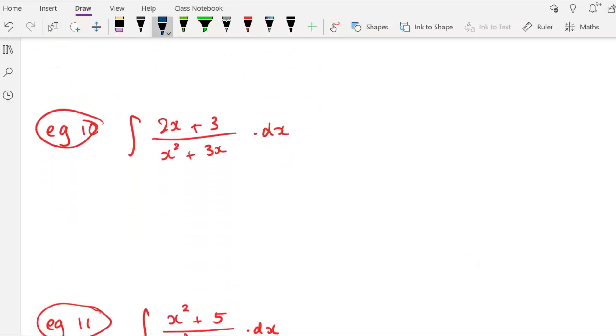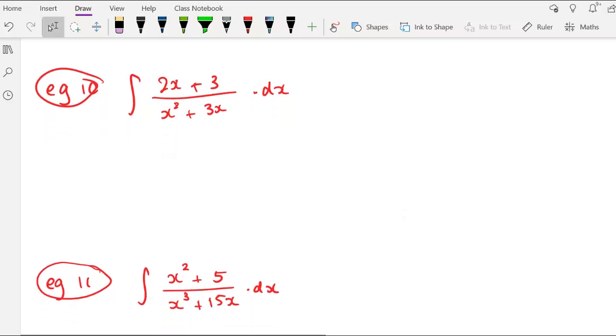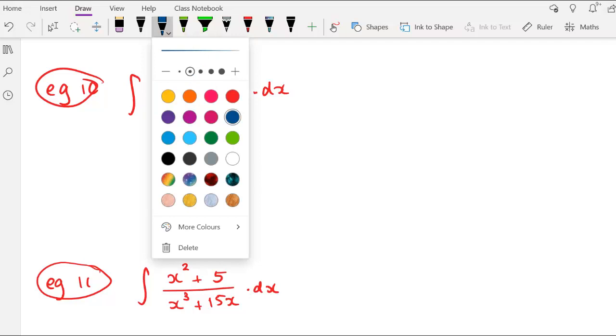And then when we take this a little bit further, hopefully we can see that this is the original function. So this is our f of x, and this is the derivative of that original function. So if we find the derivative of x squared plus 3x, we get 2x plus 3. If we can see that relationship, it's really simple.